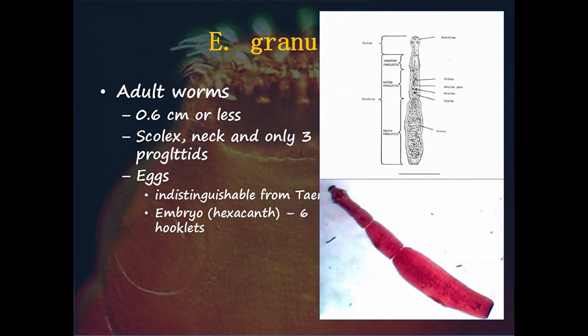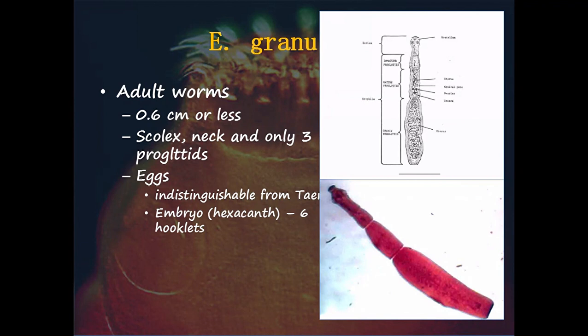So a distinctive feature of Echinococcus granulosus, it is a very small worm. About 0.6 centimeters, so that's about 6 millimeters, very, very small.